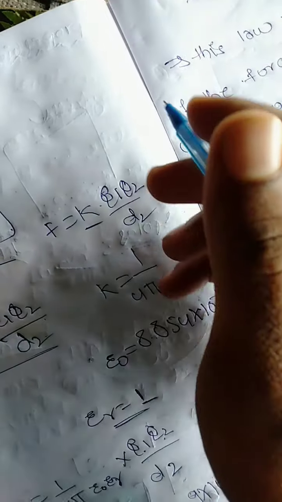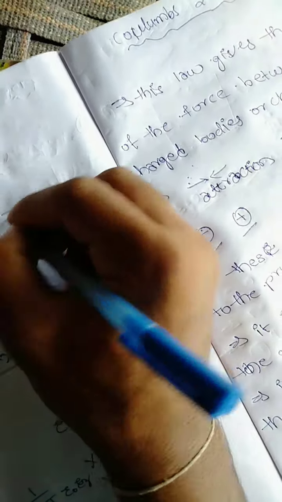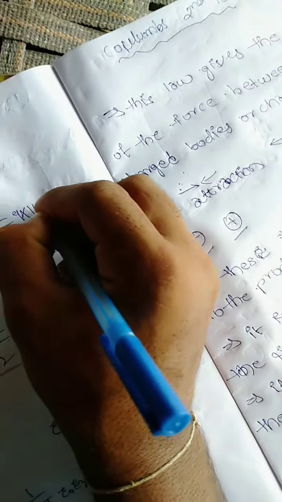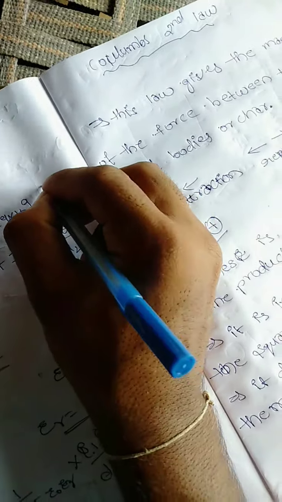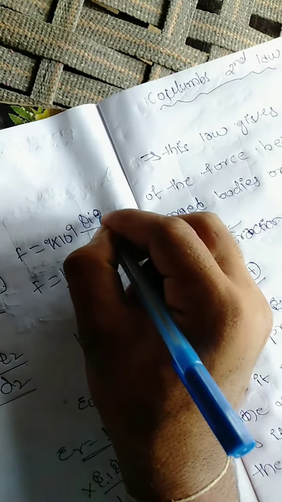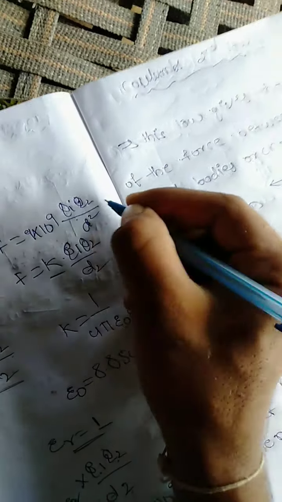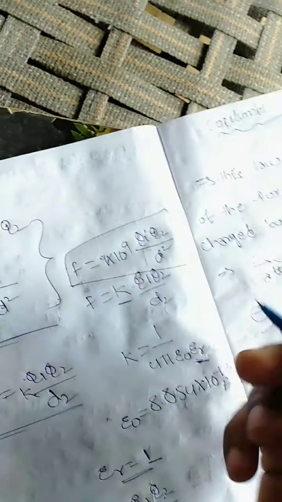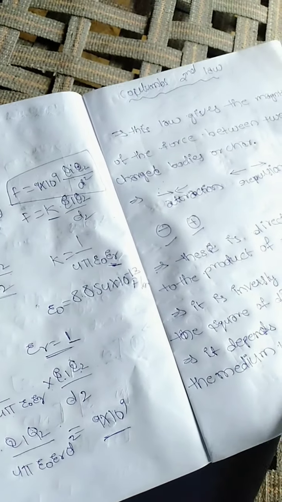So F is equal to 9 into 10 to the power of 9 Q1 Q2 by D square. This is the total conclusion of the formula of Coulomb's second law.